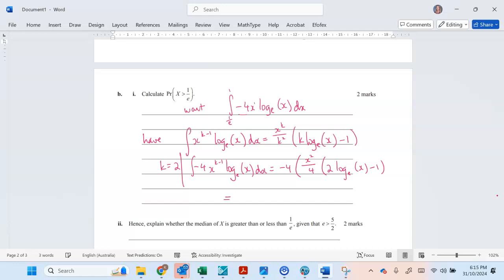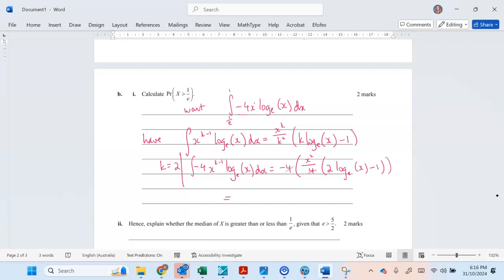All right. Ideally I should tidy that up because there's way too much there that can be cancelled. So this 4 and this 4 cancel out, but that -4 is also, no, it's not. It's all good. No, they can cancel out.